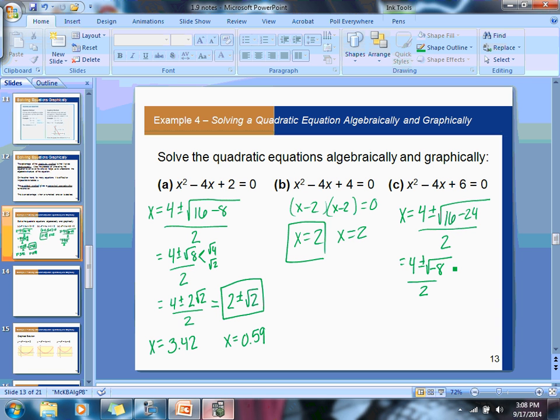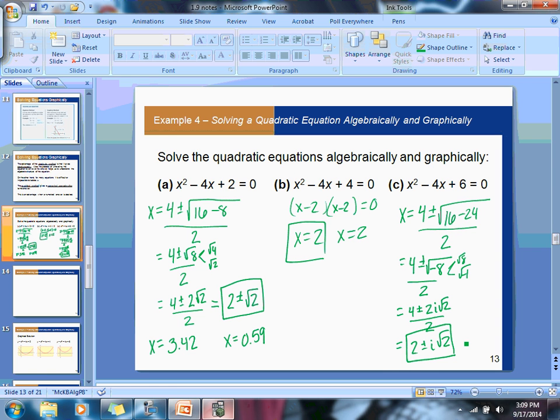So remember, the way that we get rid of that negative is that we take it out. So that'll be the square root of 8 and the square root of negative 1. And I'm going to call that i. So I'm going to have my same answer, basically, except it'll be 4 plus or minus 2i square root 2 all over 2. And then that'll reduce down to 2 plus or minus i square root 2.